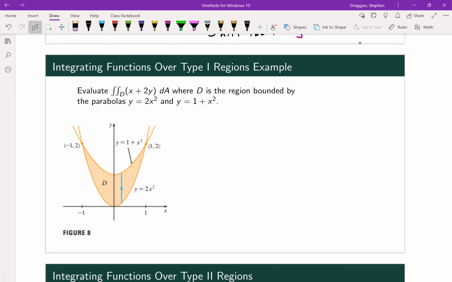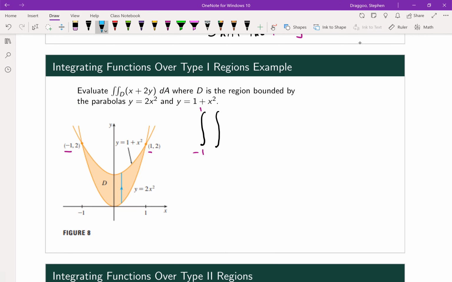So if we set up the integral that we'd like to do, we're going to be integrating our x values from negative 1 to 1. And we'll need bounds for our y, which will be the top and the bottom functions of x.